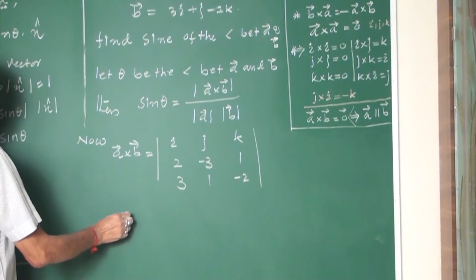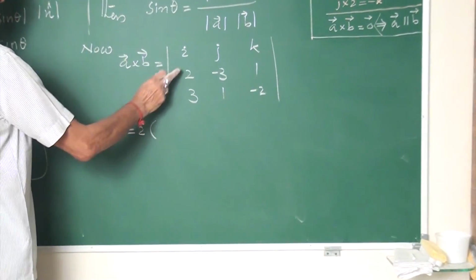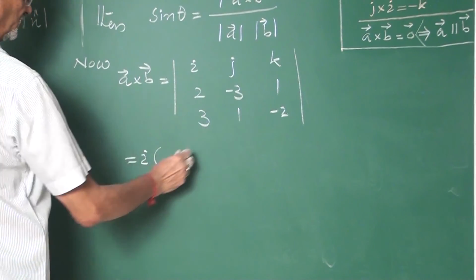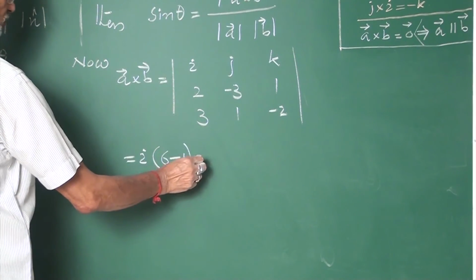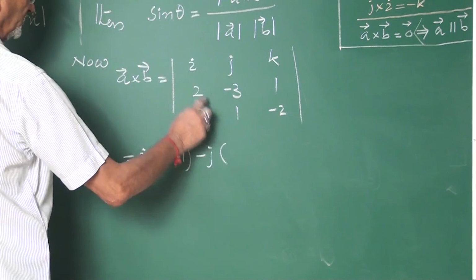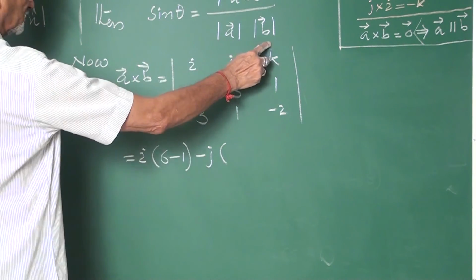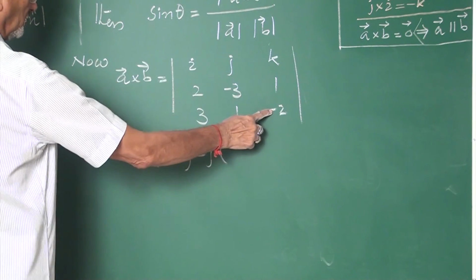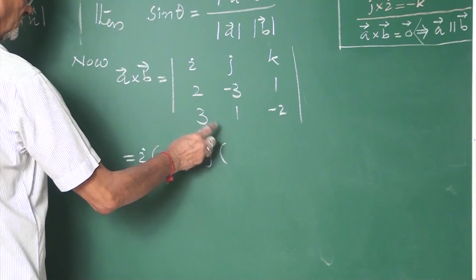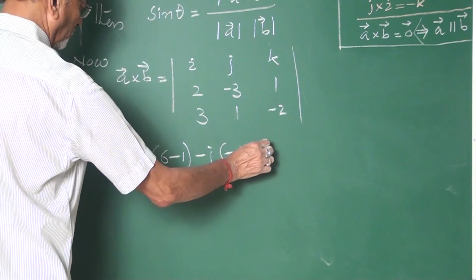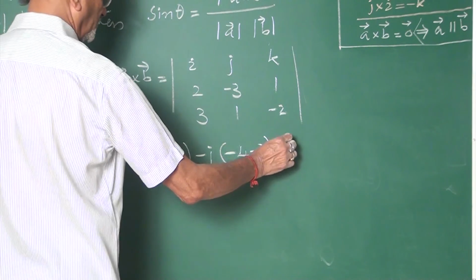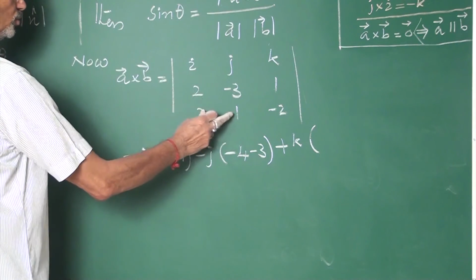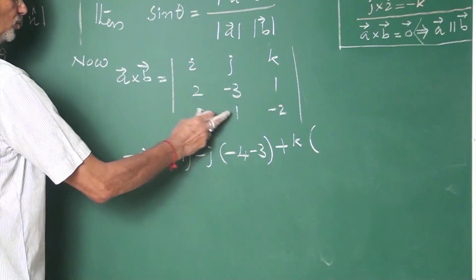Evaluate this: i into (6 minus 1) minus j into (minus 4 minus 3) plus k into (2 plus 9).